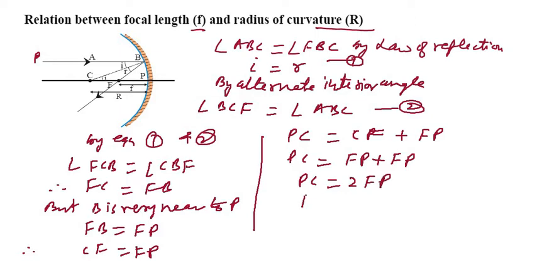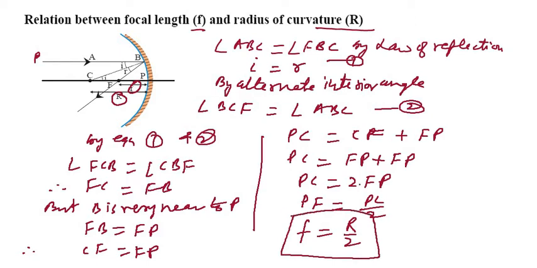That means you can say PF is equal to PC upon 2. That is the R, and this one is the small f. So you can write here small f is equal to capital R by 2. So that is the relationship between radius of curvature and the focal length.